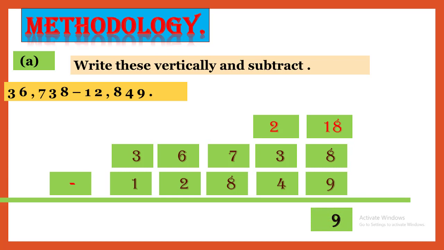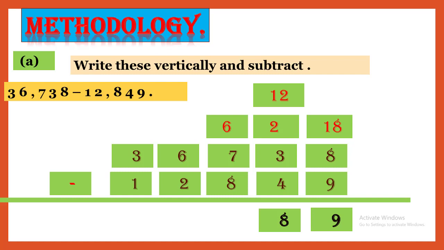Look at the next column. 4 cannot be subtracted from 2, so we have to take 1 carry from next column. When we take 1 carry from 7, 7 will become 6 and 2 will become 12. When we subtract 4 from 12, we get 8.